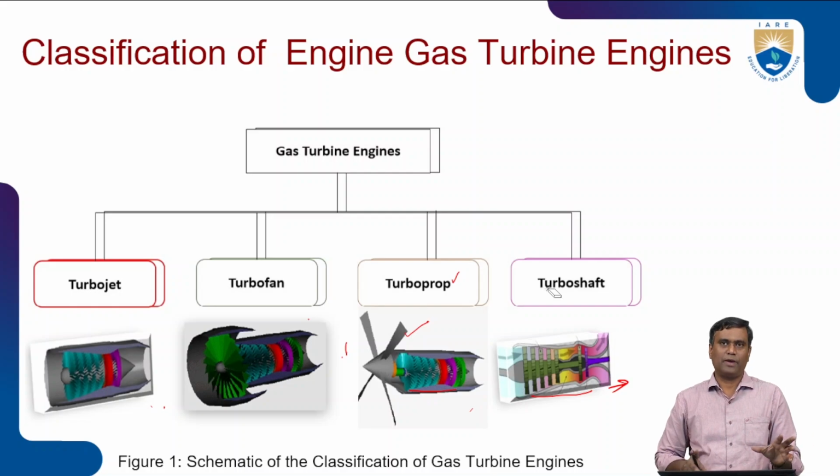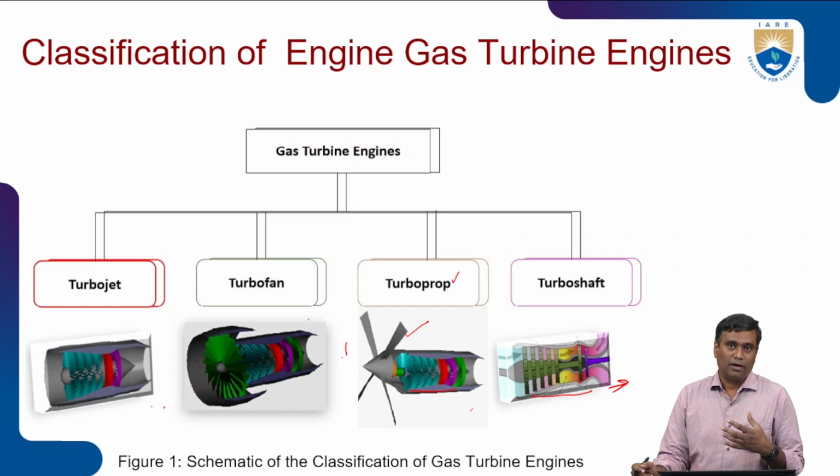Turbojet and turbofan are high thrust, high speed applications. Turboprop and turboshaft are low speed and relatively low altitude applications. Turboprop is driven by propeller.